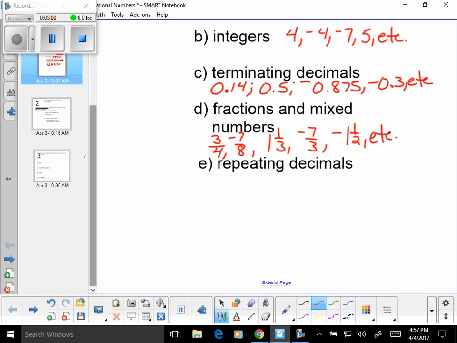Well, what about repeating decimals? Yes, those are also going to be examples of rational numbers. These too you've worked with before. 0.3 repeating. Sometimes they don't write them with bar notation.